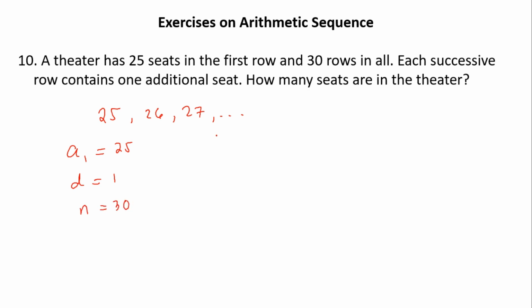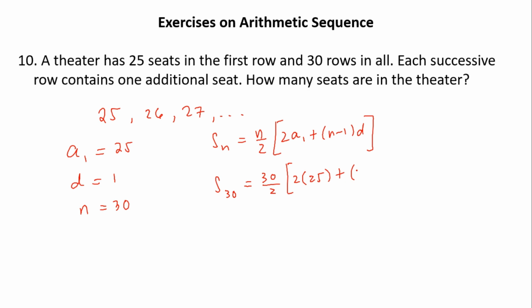Again, we will use the formula S sub n equals n over 2 times (2a sub 1 plus (n minus 1) times d). So S sub 30, the total number of seats, is equal to 30 over 2 times (2 times 25 plus (30 minus 1) times the common difference, 1).